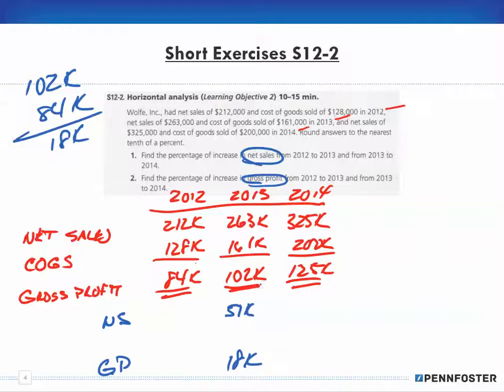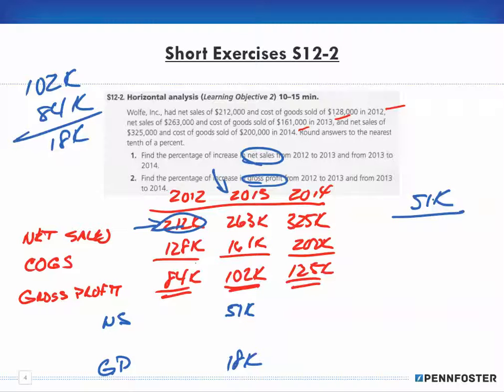And then as a percentage, for our net sales we have 51,000, and we're taking that 51,000 and remember the base is the year end, which becomes the beginning for the new year.